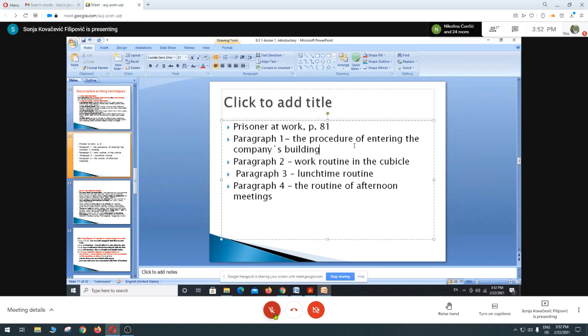Finally, the next paragraph with the topic sentence, 30 minutes later, we are back in our cubicles preparing for our afternoon meetings. This is the topic sentence, and we might say that the main idea in this paragraph is the routine of afternoon meetings. So all the main points from the paragraph, which were just mentioned and maybe explained by one or two sentences, are here elaborated on by adding many more sentences with a lot of examples distributed in 3 different paragraphs.